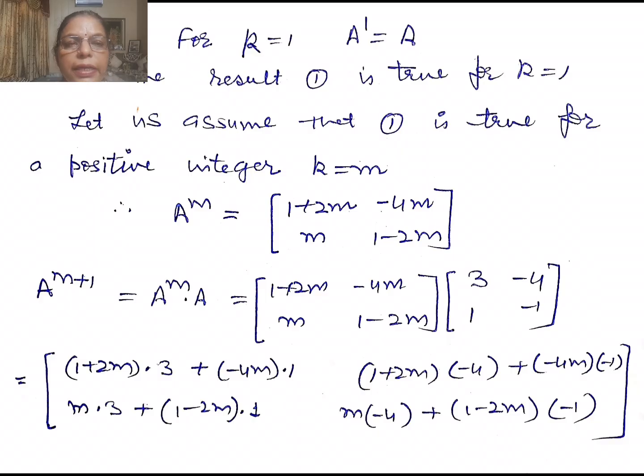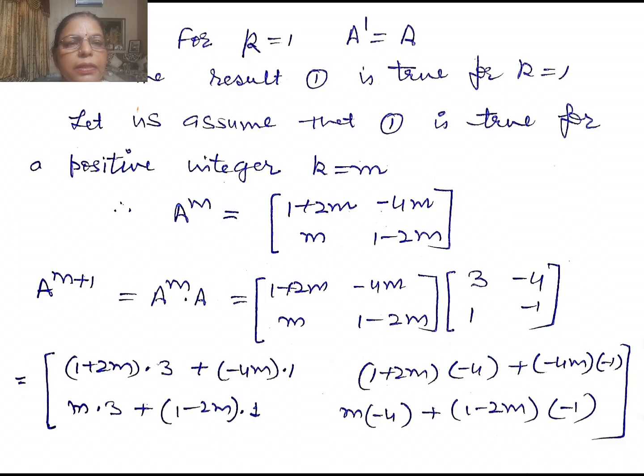Now calculate A raised to power m plus 1, and that is equal to A raised to power m into A. So that is equal to [1 plus 2m, -4m; m, 1 minus 2m] into [3, -4; 1, -1].